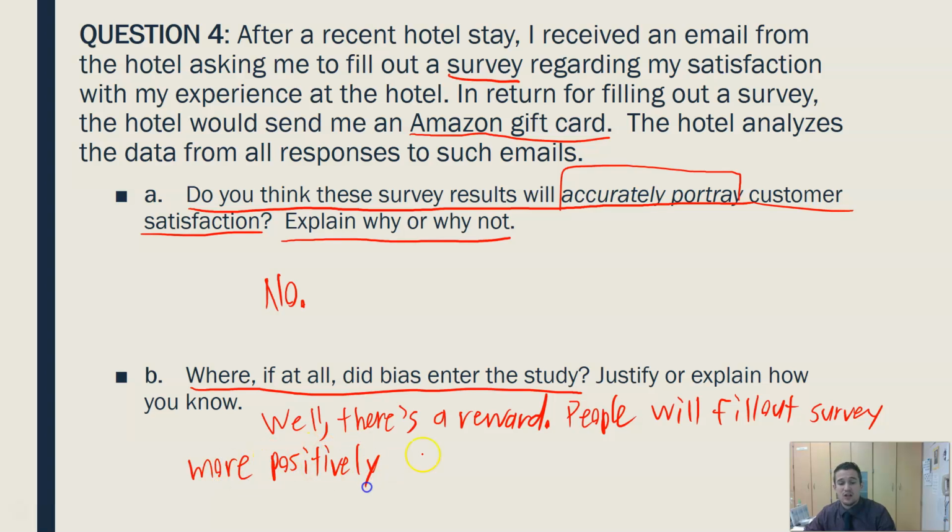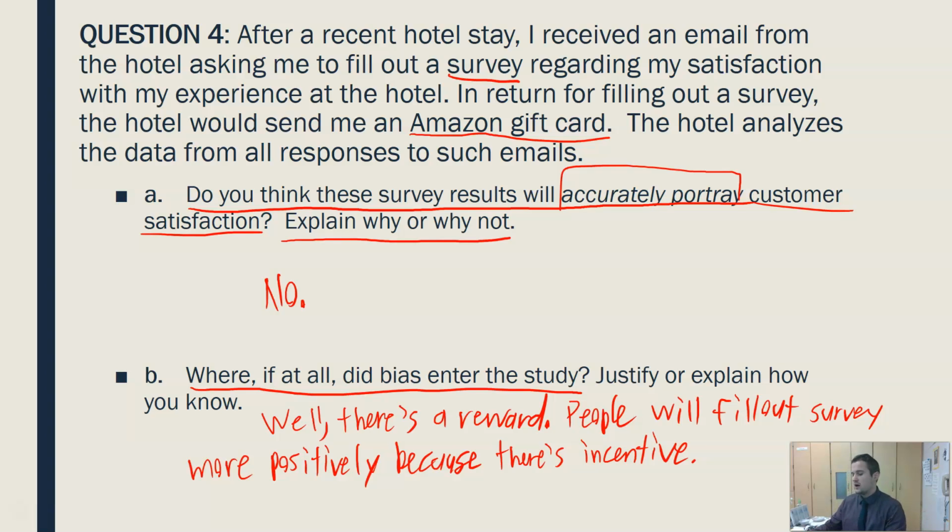So that happens a lot with surveys. If there's a reward, if there's some sort of benefit to the person filling out the survey, oftentimes they're going to be more convinced to fill it out positively because there's incentive. Pardon my bad handwriting. So that's just one example of a study that was done that includes bias.